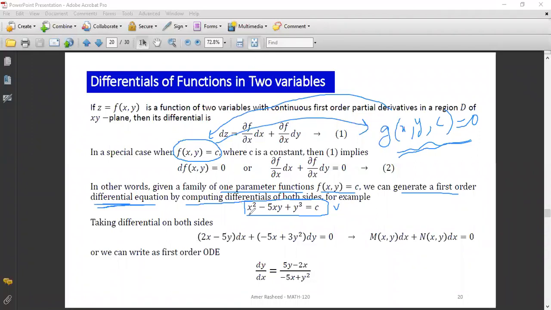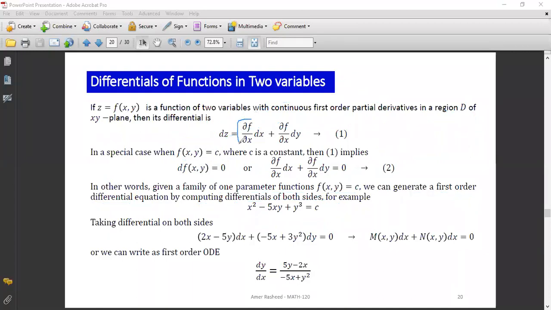First we take the derivative with respect to x of this whole thing, meaning partial f over partial x, where y will be considered a constant in this expression. While we take the partial f over partial y, x will be considered a constant. Now, the partial f over partial x of this function is what?